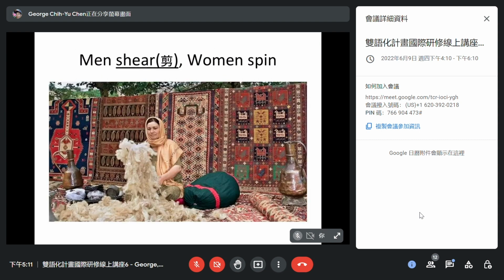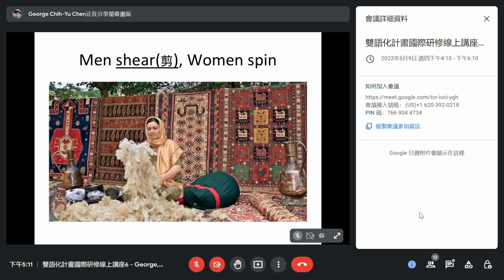And in Azerbaijan, the work is quite divided, 相当分配得好. Men shear, women spin and weave. Traditionally, men shear the sheep.